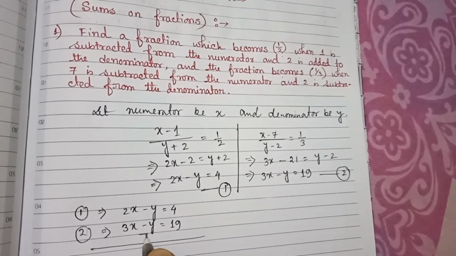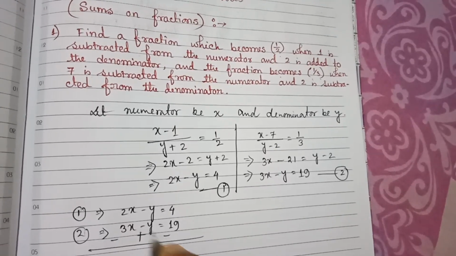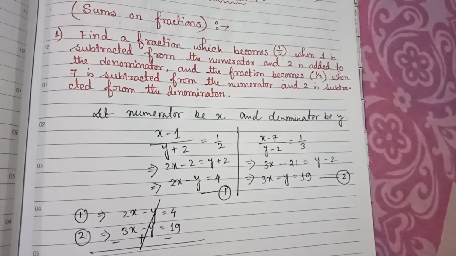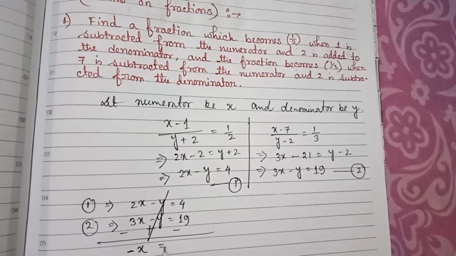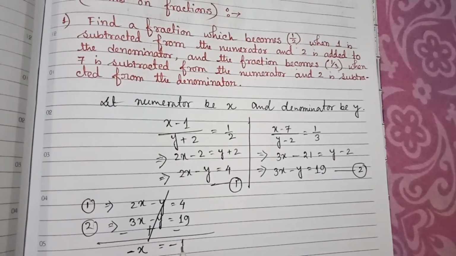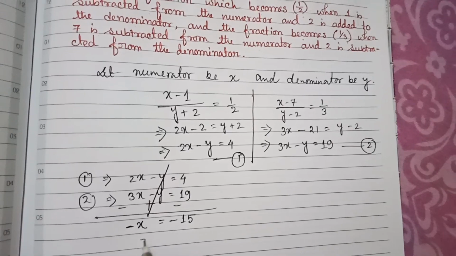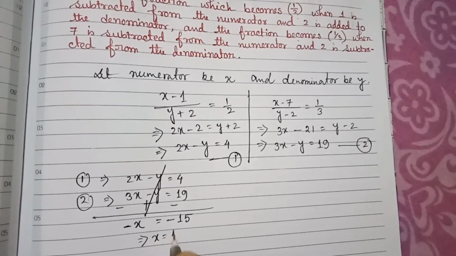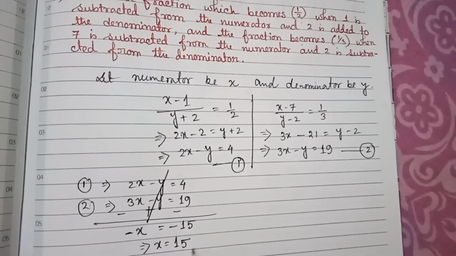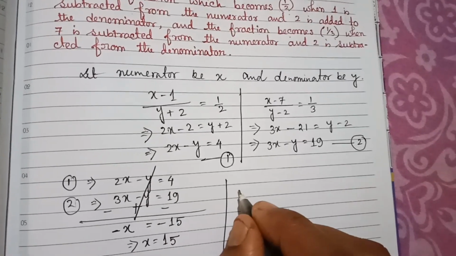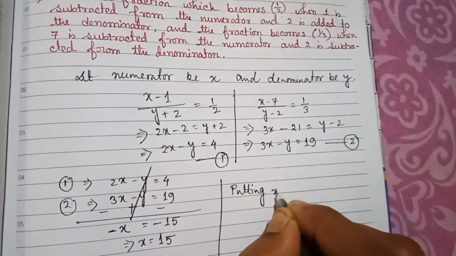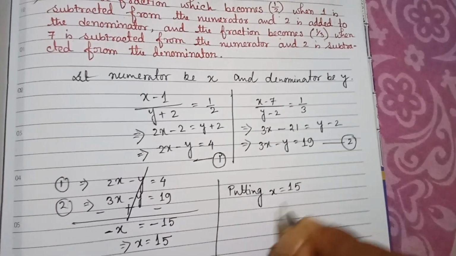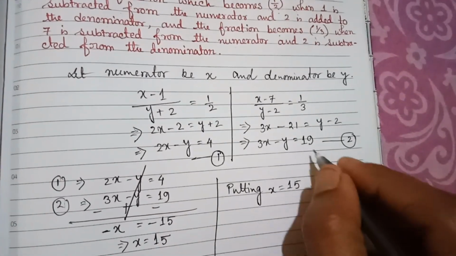From this, minus y and plus y will cancel out. This will be minus x equals minus 15. So you can write x equals 15.